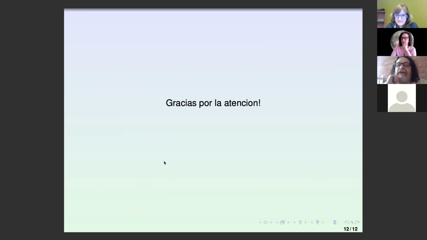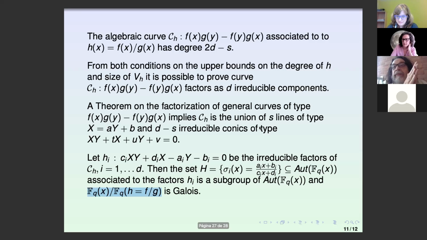Luciane, very nice connections and results. I was thinking about your last theorem, the one on page 10. Could you say something about just above minimal?